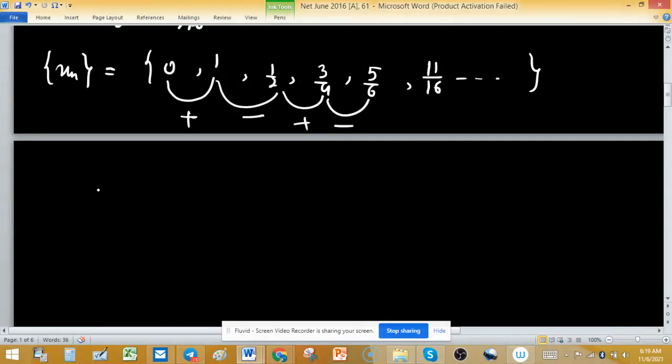But we can easily find two subsequences or two complementary subsequences. One is increasing and other is decreasing. So try to find out the increasing and decreasing subsequence of this sequence. So x1 is less than x3 less than x5, and so on.